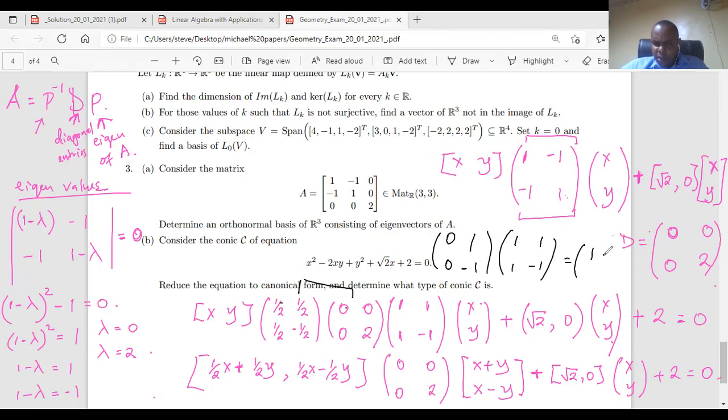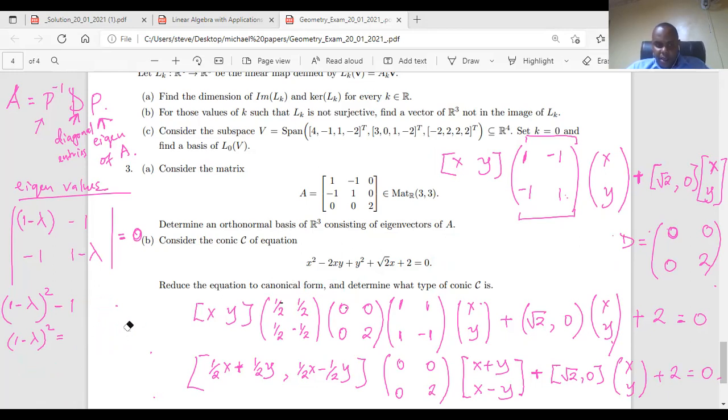So it's okay. It's equal to the same matrix A, but now it's diagonalized.